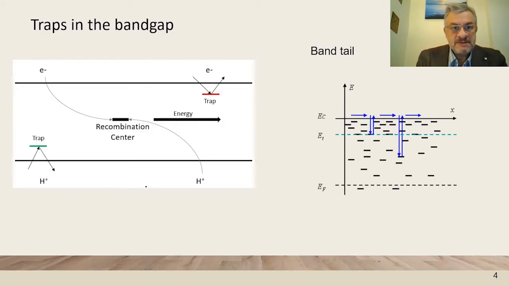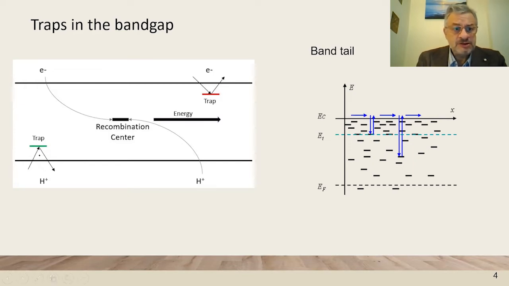There are other types of recombination, and especially this is important when there are trap or localized levels in the bandgap. So the trap interacts with the bands so that, for example, this level can get an electron, but then it will release again the electron.